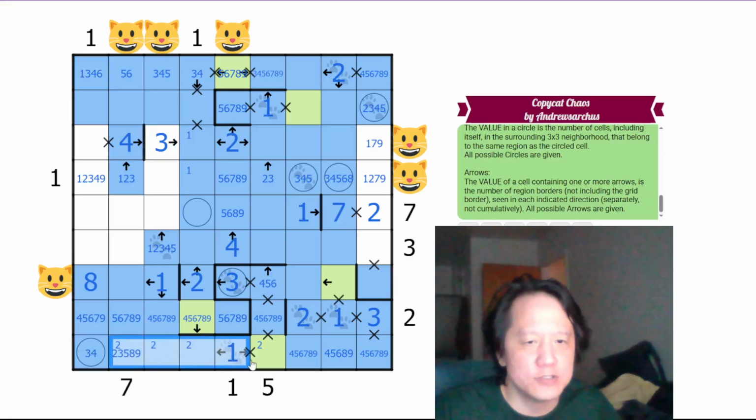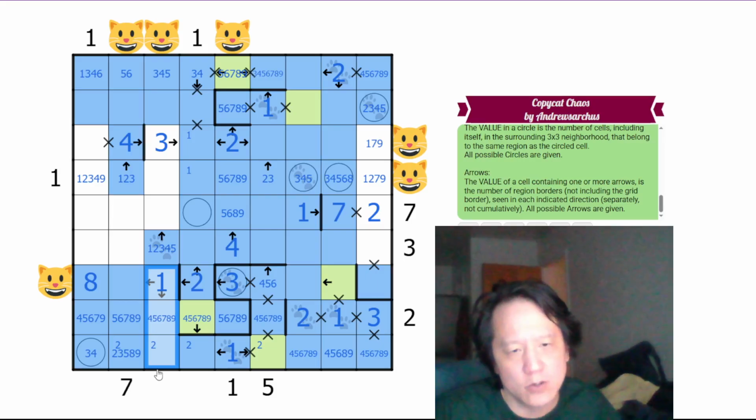One of these is a 2 for this region, because we need a 2 for that region. These are separate regions. We have one boundary here, one boundary here.